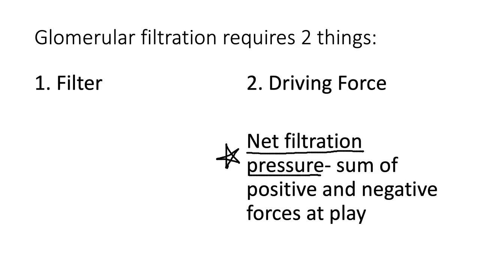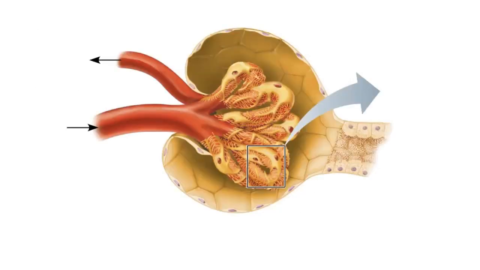But basically, as a basic summary of the net filtration pressure, take a look at this. Do you notice how the afferent arteriole that's bringing blood into the glomerulus has a wider diameter than does the efferent arteriole, taking the blood away from the glomerulus?